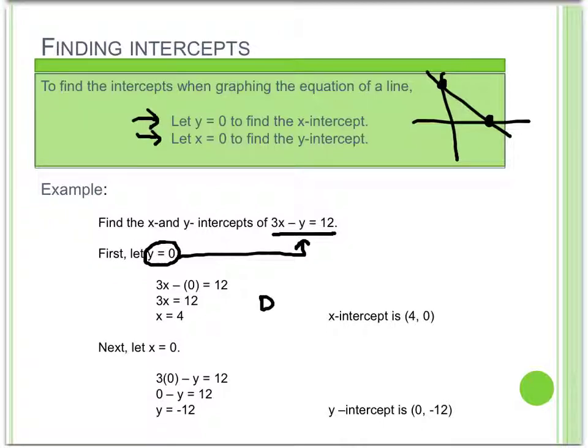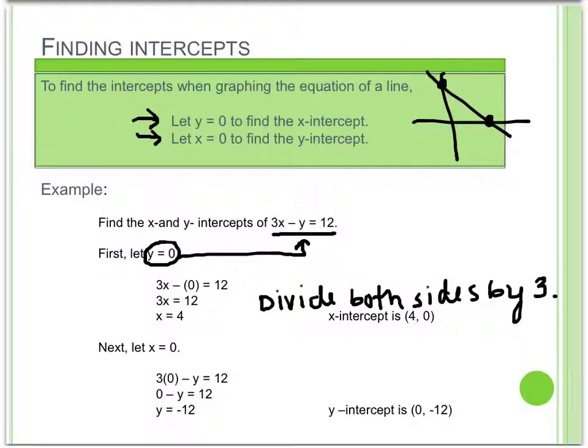To solve for x, we need to divide both sides by 3. And x equals 4. So our x-intercept is (4, 0).